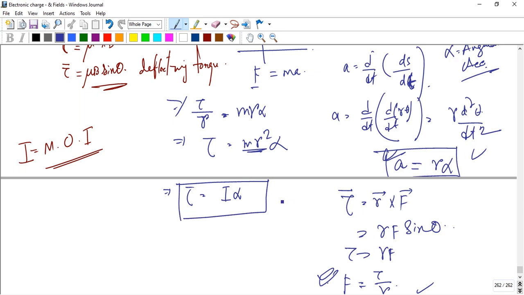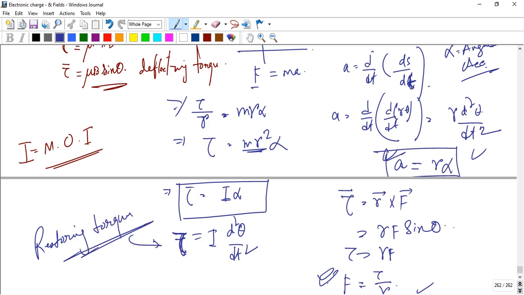Okay, rotational torque, and this I is the moment of inertia, and this alpha is the angular acceleration, so I alpha means I d2 theta dt2. There is a torque, and this torque is called the restoring torque.